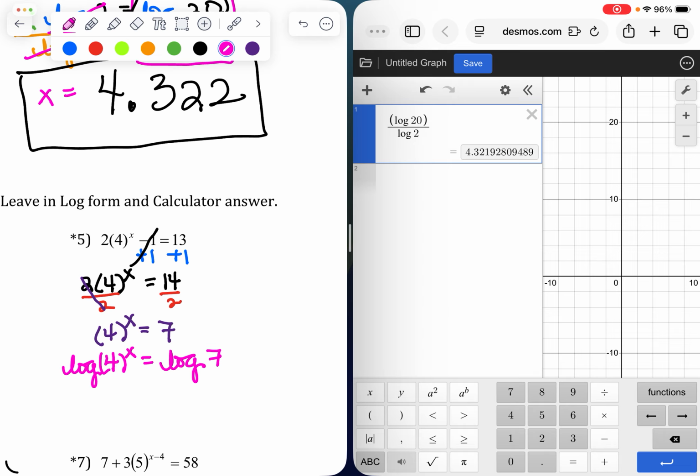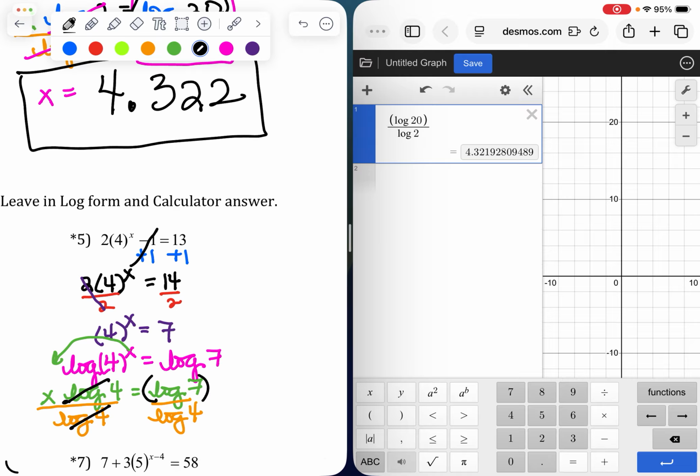Okay. Let's do one with an ln. So let's do number 6. You're still going to do the same thing. You want to get that e by itself, so I'm going to divide both sides by 50 first. So now I have e to the 3x power equals 10.